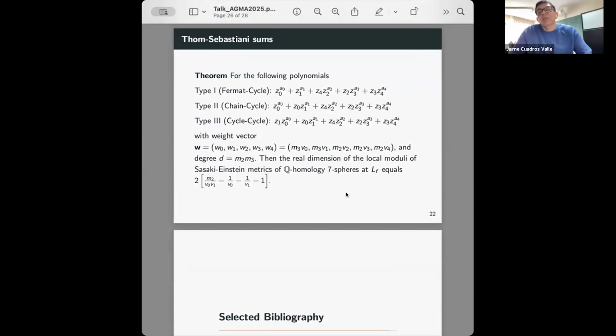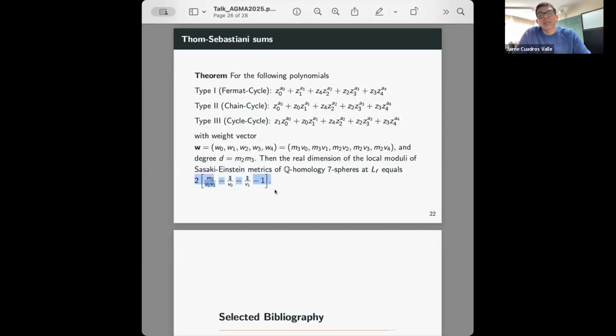And therefore, in particular, for the links, we are able to also describe the moduli, no? Because if we are able to describe the moduli of the orbifolds associated with those conditions, we are able to describe, at least at the dimensional level, the moduli of the rational homology spheres in dimension 7 that admit Einstein metrics. And this is given by this expression in general for any of the 3 cases.